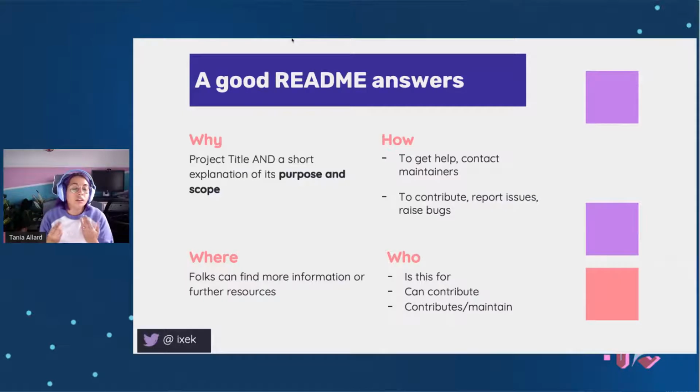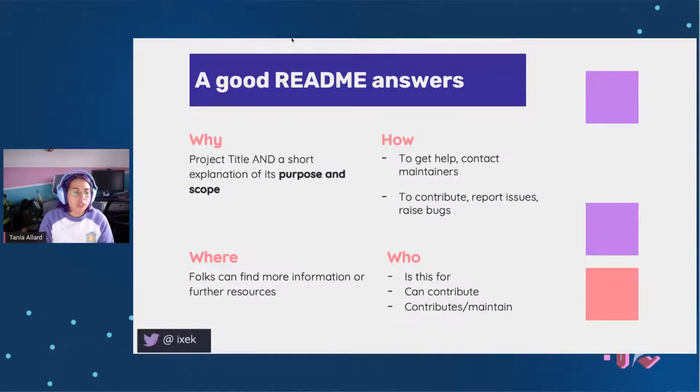Probably not having the full contribution guidelines, but at least saying that you're accepting contributions, that you have linked directly to your contribution guidelines, and making sure that that is visible. There are other projects that are not taking, for example, contributions at the moment, and it's also useful to add that wording in the README so that folks know what they're expected to do.